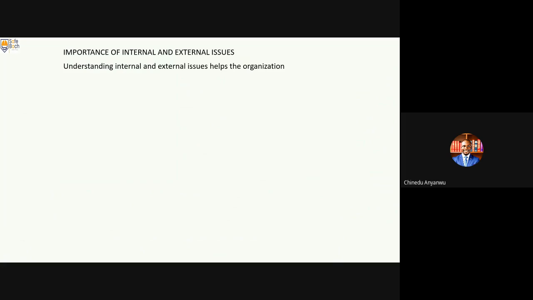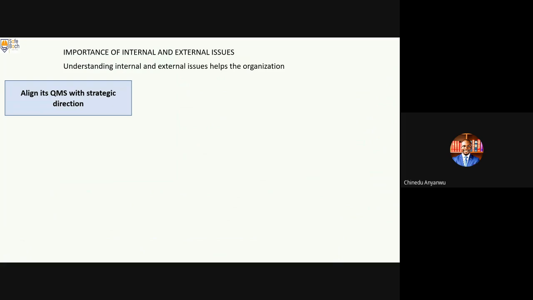Now, what is the importance of internal and external issues? Understanding internal and external issues helps organizations, first and foremost, to align their quality management system and their strategic direction. Every business has a strategic direction, an area they want to go, what they want to achieve at the beginning of the year, and even in the long term.